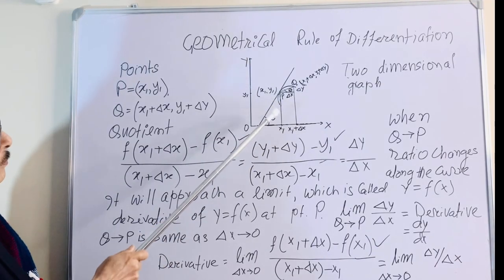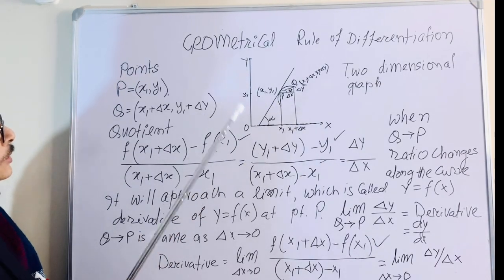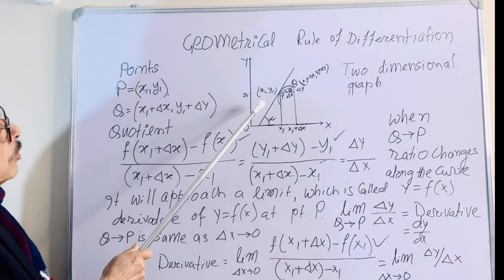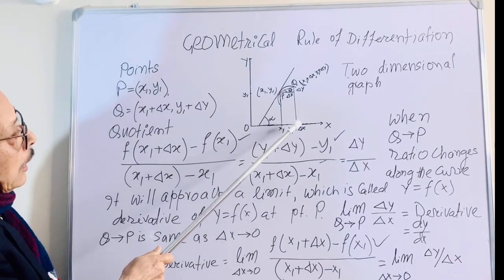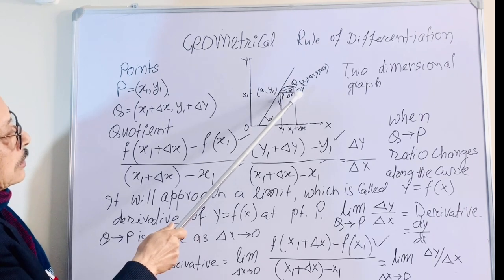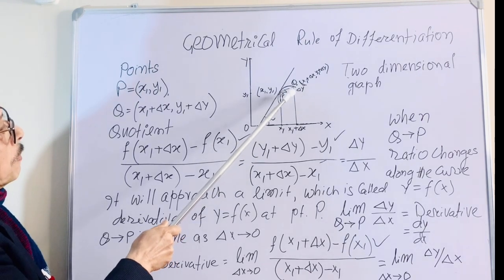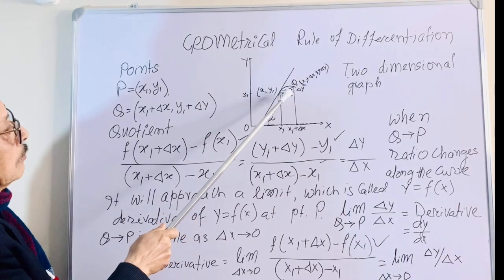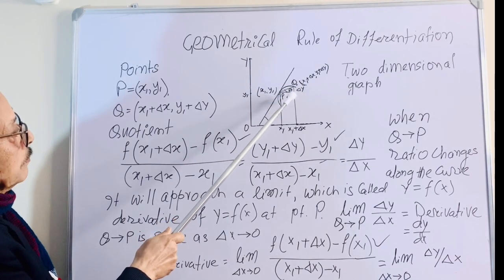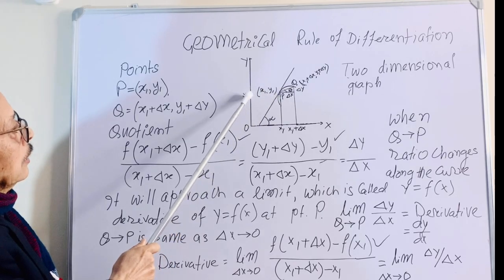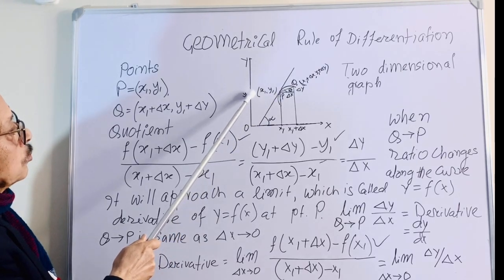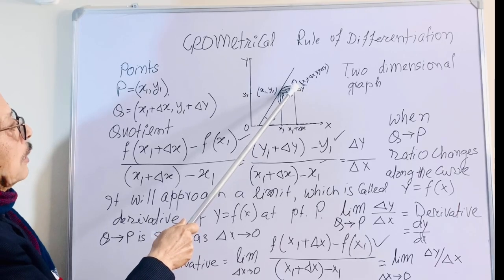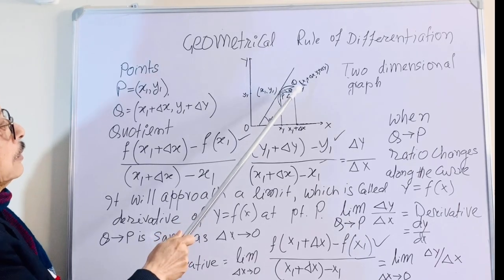So the difference is delta x. Then for y, at point Q, when y changes, corresponding to this y1, the change is delta y, only this small part, delta y.